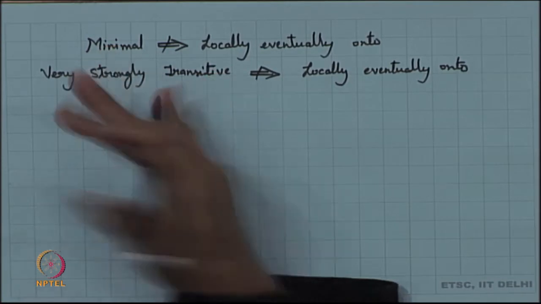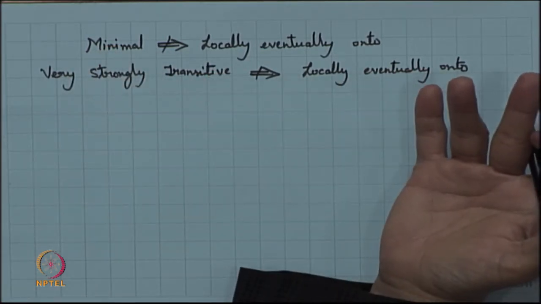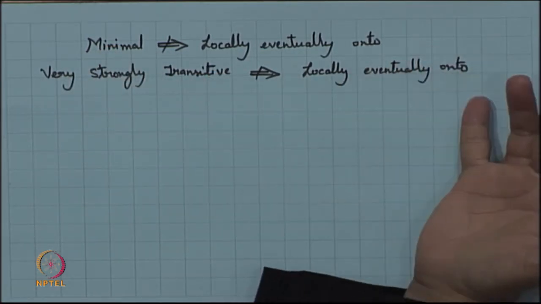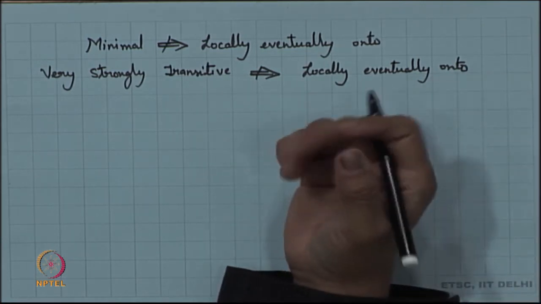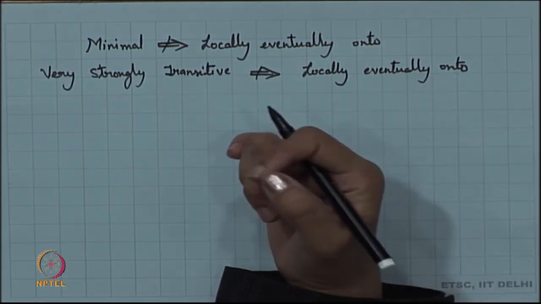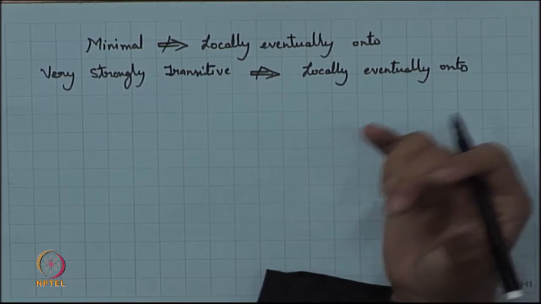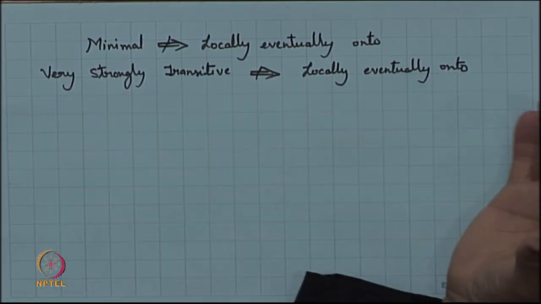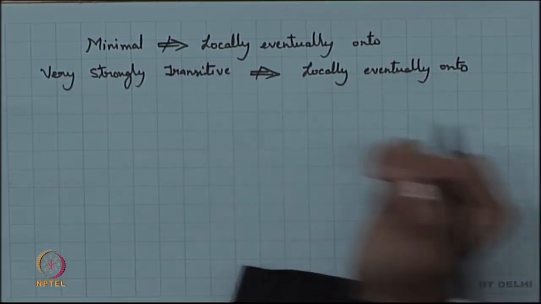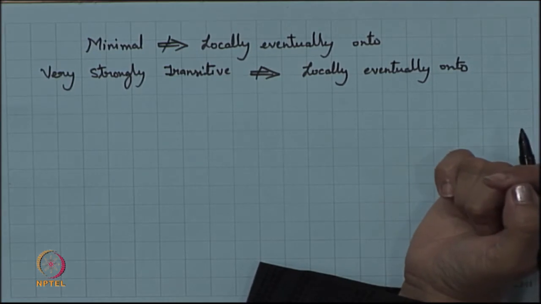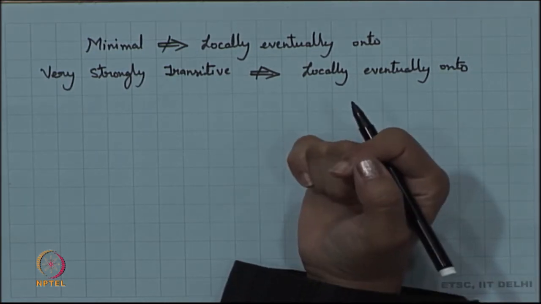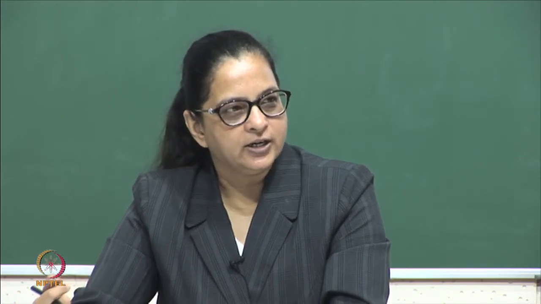Minimality means every orbit is dense, and locally eventually onto means you take any open set, it expands to the full space. So, there is some kind of expansion seen there, it expands to cover the whole of X. These two properties are very distinct properties, but they have a common intersection, and the common intersection is the systems which are very strongly transitive.